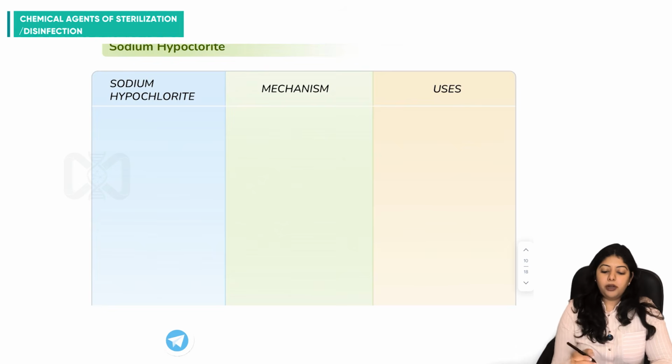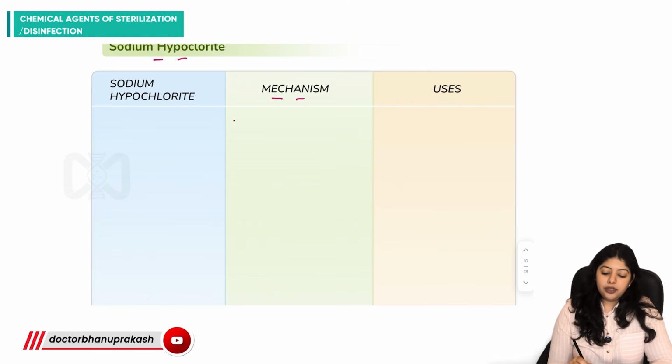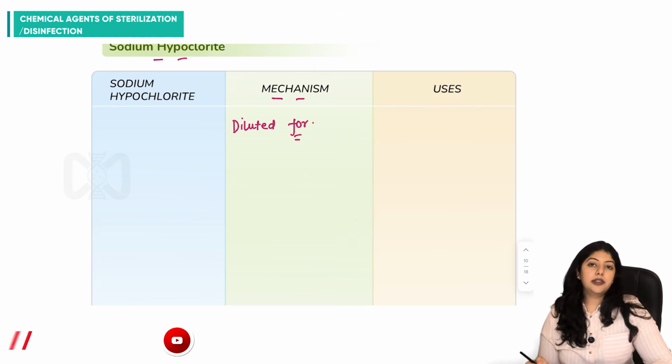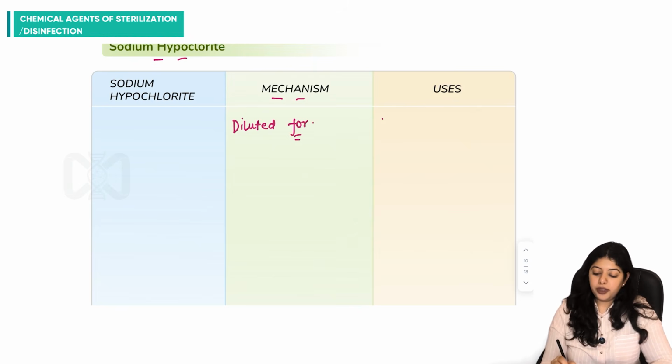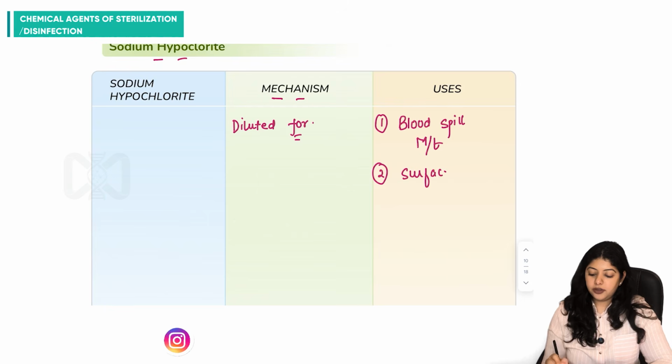So when we talk about sodium hypochlorite, firstly, it needs to be diluted for different activities. So what are these different uses of sodium hypochlorite? It can be used for blood spill management. It can be used as a surface disinfectant.